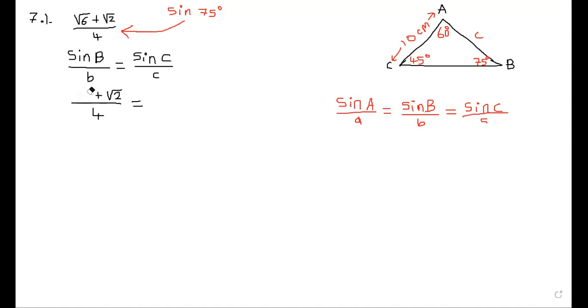You know what? Let's do this step by step, because some people are going to get lost here. Sine of B. What is B? 75 degrees.